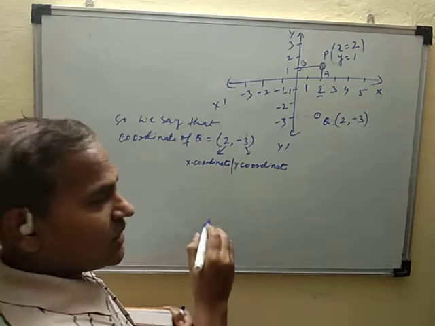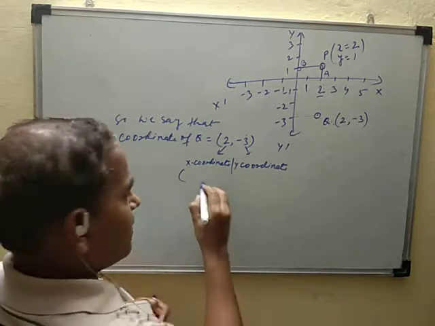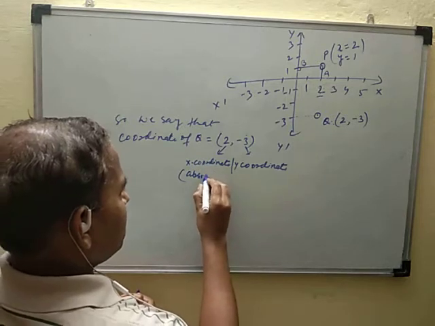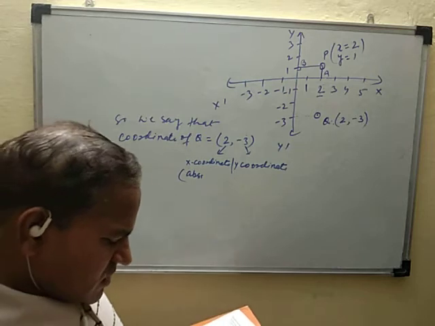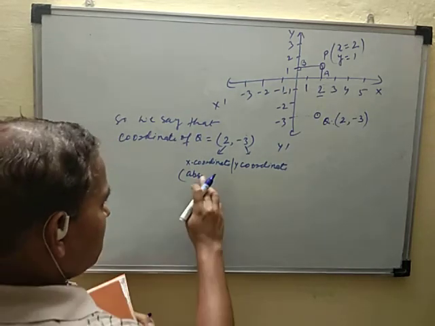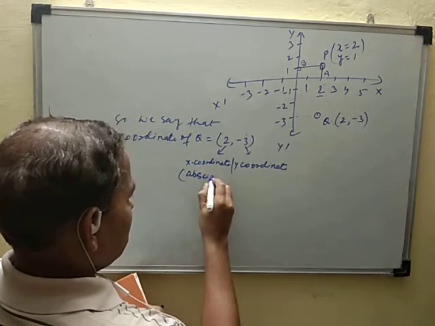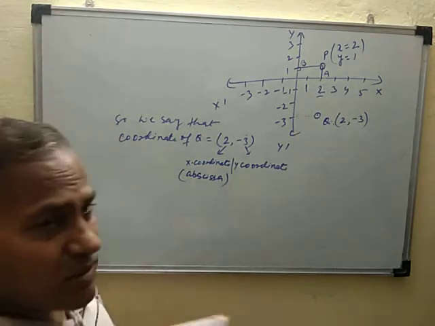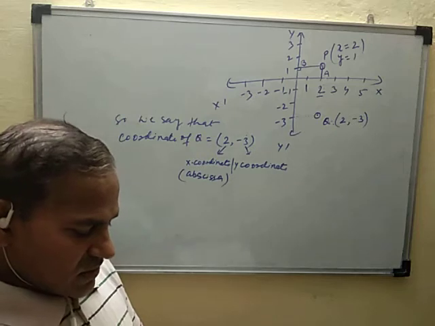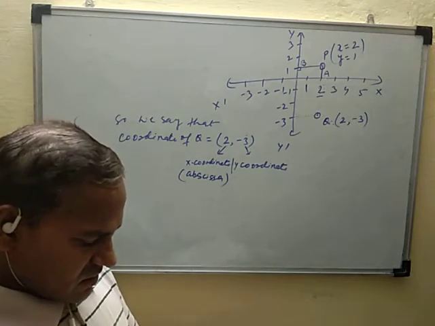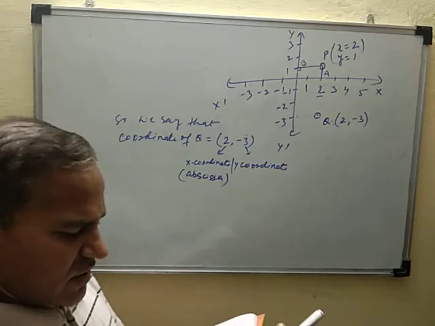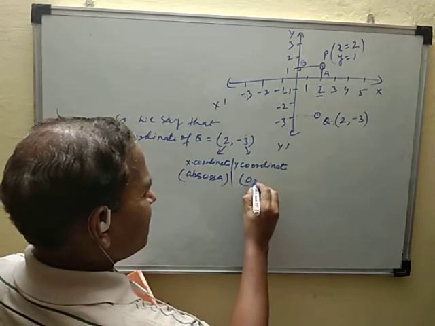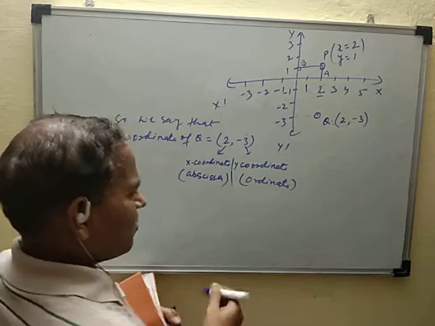This x coordinate is also called abscissa, and the y coordinate is called ordinate.